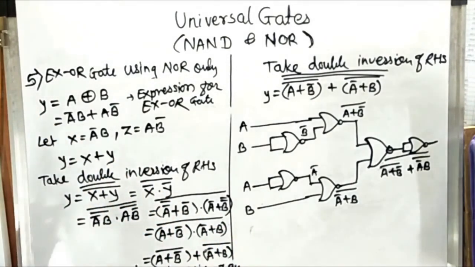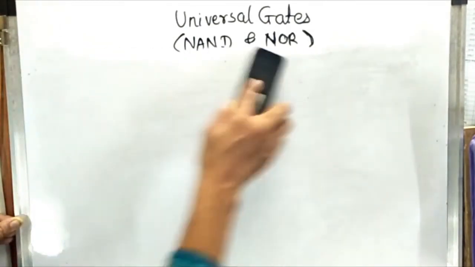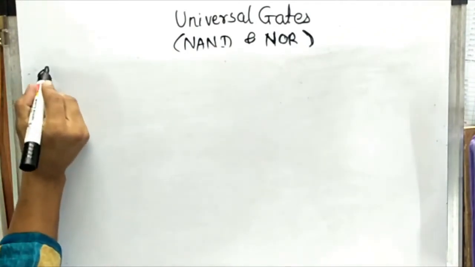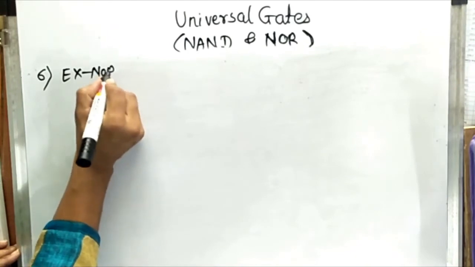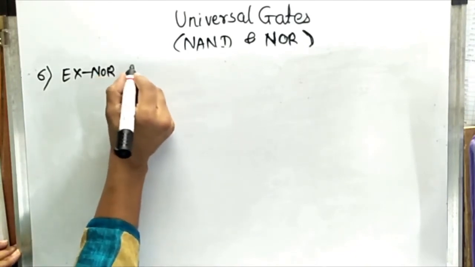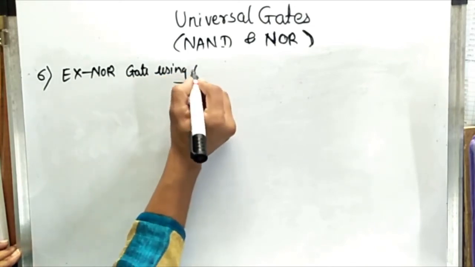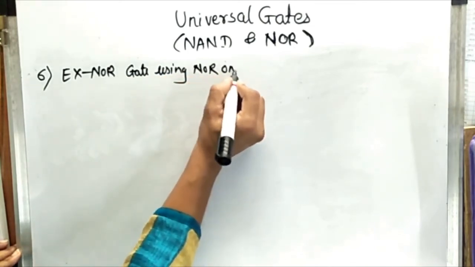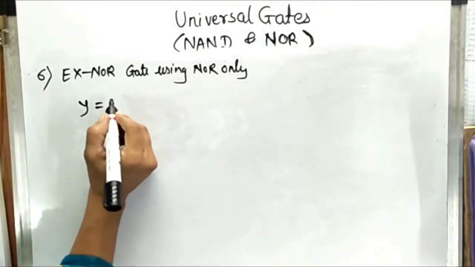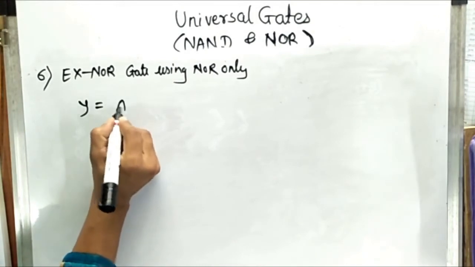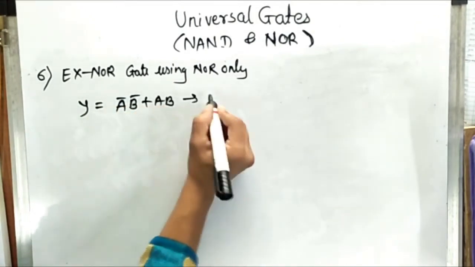Now the XNOR gate using NOR. So the sixth gate which can be constructed using NOR is XNOR. So what is the expression for it? So we can write this as A bar B bar plus AB.